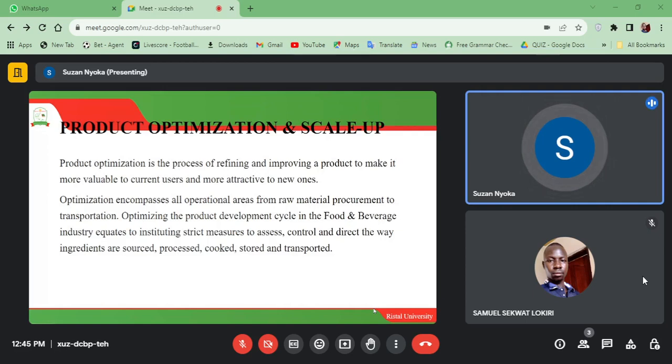Operational areas from raw material procurement to transportation. Optimizing the product development cycle in the food and beverage industry equates to instituting strict measures to assess, control, and direct the way ingredients are sourced, processed, cooked, stored, and transported.